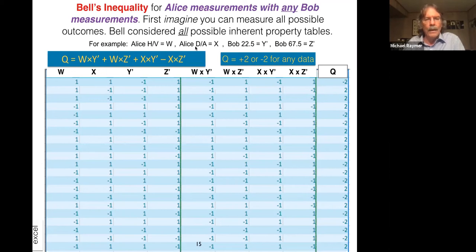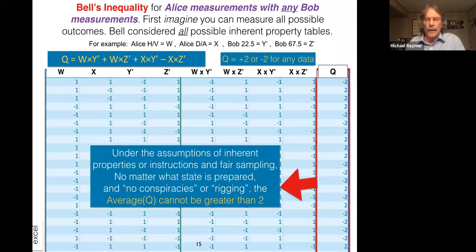But the way Bell's proof works is you imagine you could measure all four of these polarization quantities simultaneously, and then you would run a simulation and you would get a bunch of -2s and +2s over here for the Q value, which is calculated by knowing all four of these quantities on each run, which is impossible, okay? But then you get an average of Q that cannot be greater than 2.